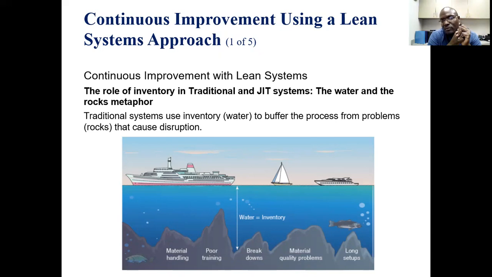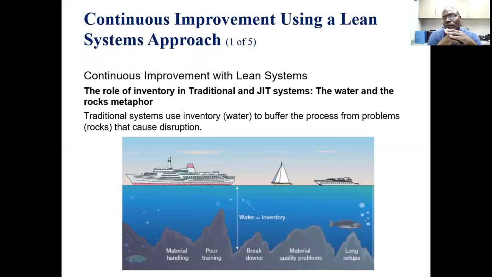But the question this brings is how much inventory should an organization hold? How much end unit inventory should it hold for its customers? How much inventory should it hold at every step of the production process to ensure that the line continues running?